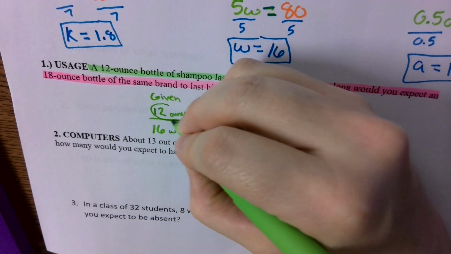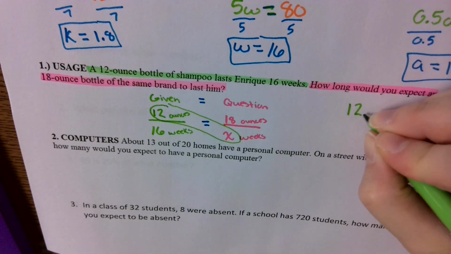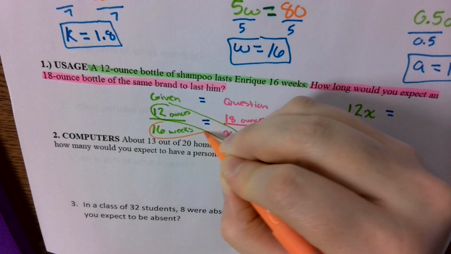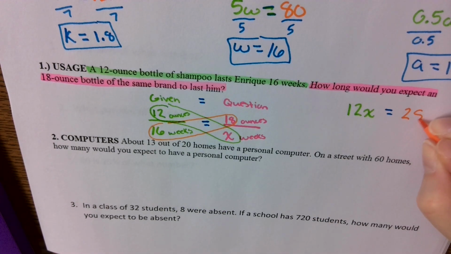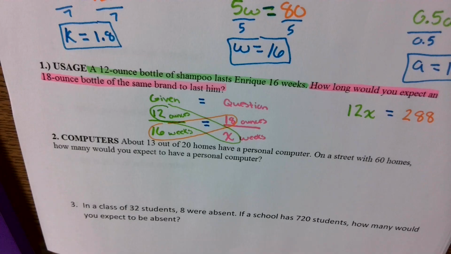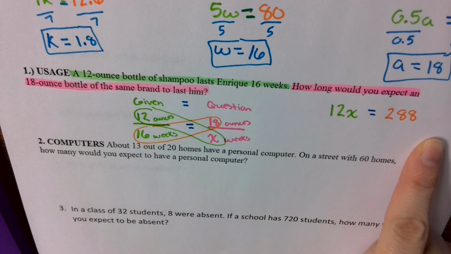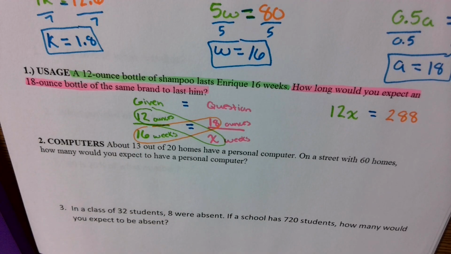So I'm going to multiply 12 times x, which is going to give me 12x. I'm going to multiply 16 times 18, which is going to give me 288. So here's the equation that represents this scenario: 12x is equal to 288.